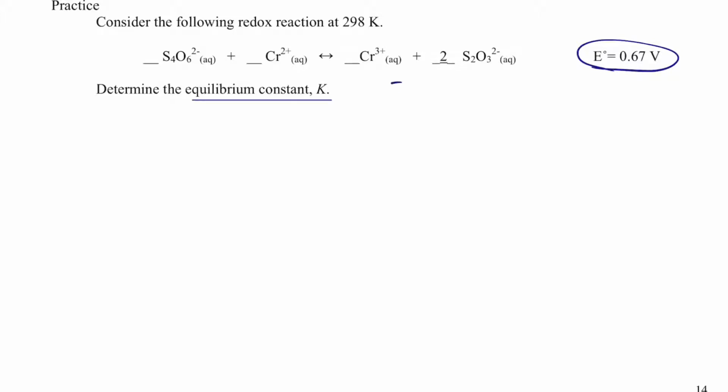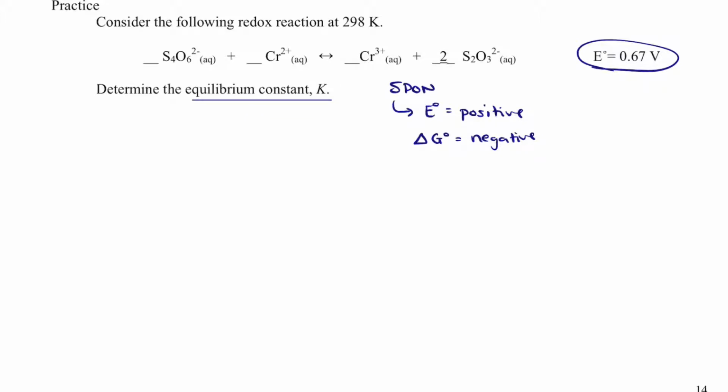So that means that it's spontaneous, and when something is spontaneous or thermodynamically favorable, here's what I know about it: I know that the voltage will be positive. I know that it's favorable to lose energy, so delta G will be negative.